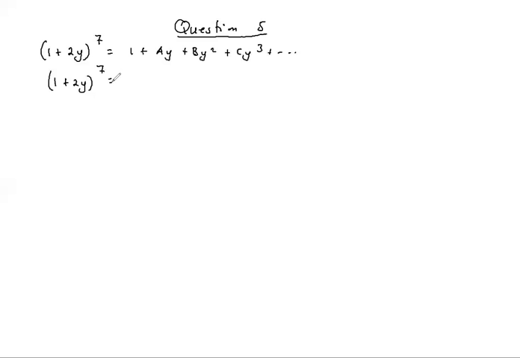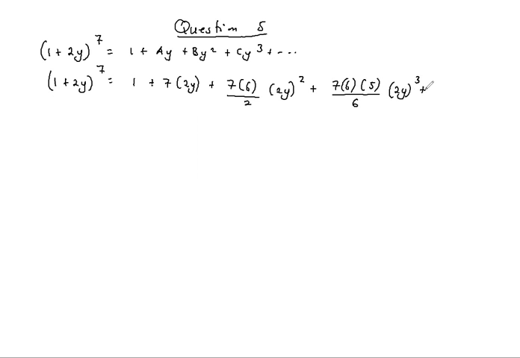So we know that the expansion of this will be 1 plus 7 multiplied by 2y, plus (7 times 6) divided by 2 multiplied by (2y)², plus (7 times 6 times 5) divided by 3 factorial, which is 6, and then (2y)³.